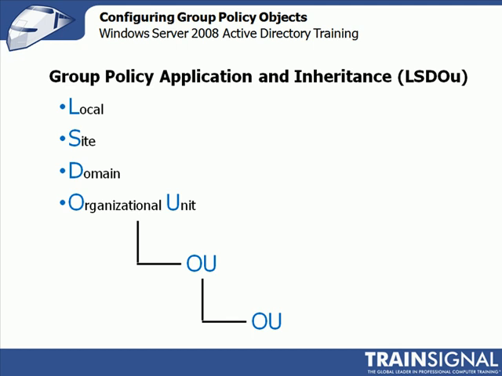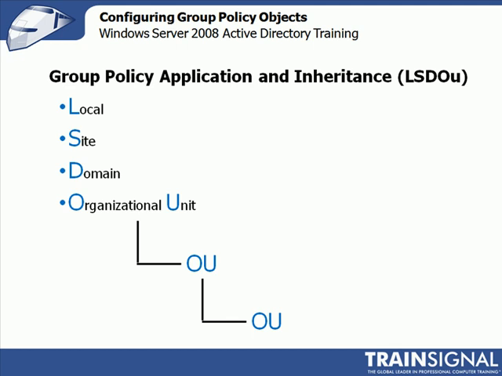Now, if you have non-conflicting settings, so let's say at the domain level, we've prohibited access to the control panel, and at the OU level, let's say we have prohibited the ability to modify display settings. Okay, I'm just picking stuff at random here.